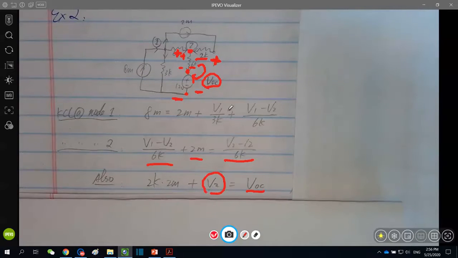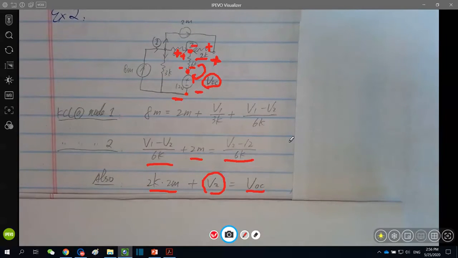Okay, and then keep rotating here. I'm coming across the voltage through 2K. 2K's voltage is produced by 2 milliampere with this voltage polarity. So it's negative 2K times 2 milli on this side, and if you move it to here, it's a positive 2K times 2 milli. This is the KVL inside of this loop.